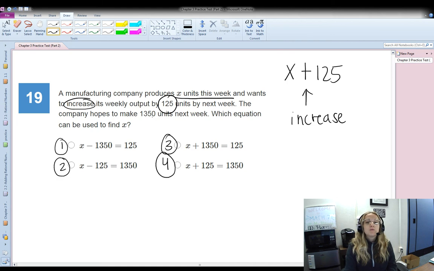The company hopes to make 1,350 units next week. So essentially, X is how much they made this week. It needs to increase by 125 in order to be 1,350 for next week. So the correct answer would be number 4, x plus 125 equals 1,350. All right, that's number 19.